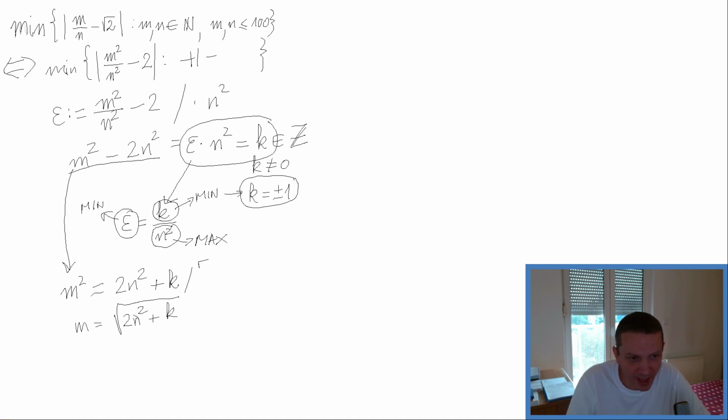If n is going to be maximum, from this expression we see that m needs to be as large as possible.